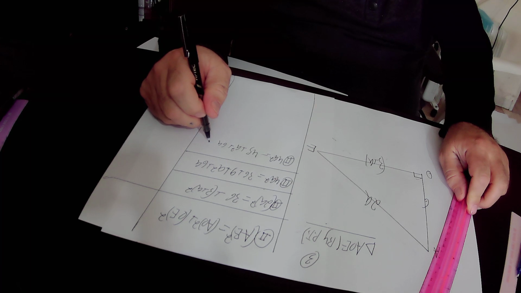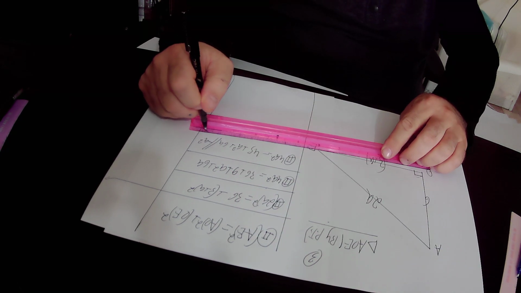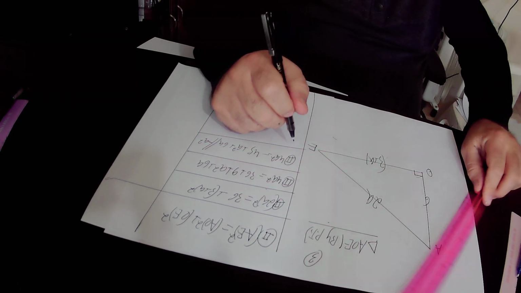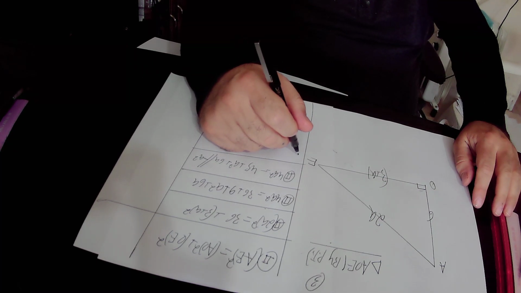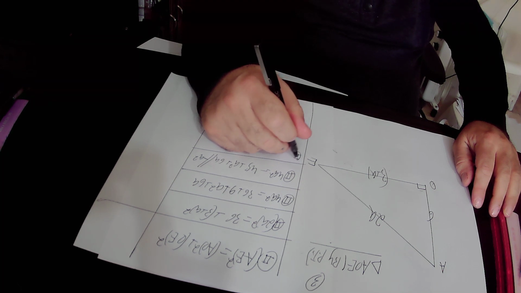Here we will subtract A squared from equation number 2, and we get that 4A squared minus A squared is 3A squared.